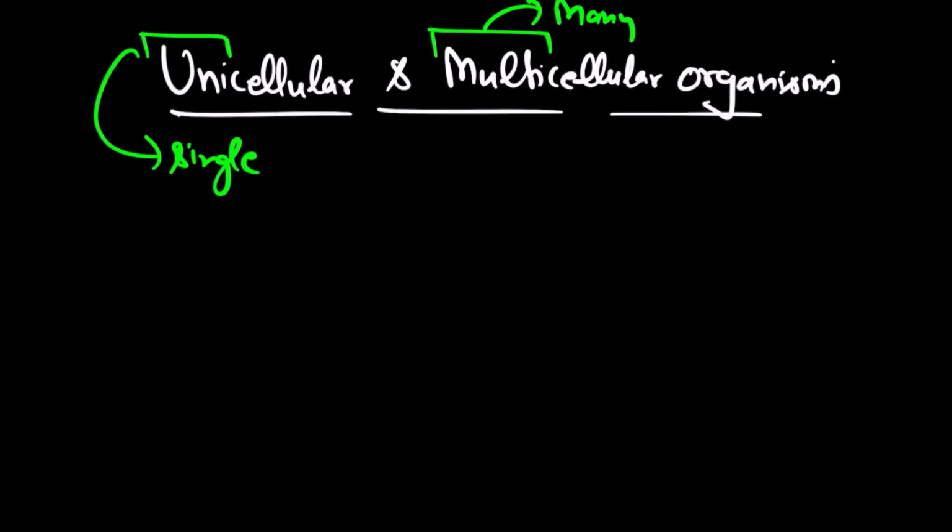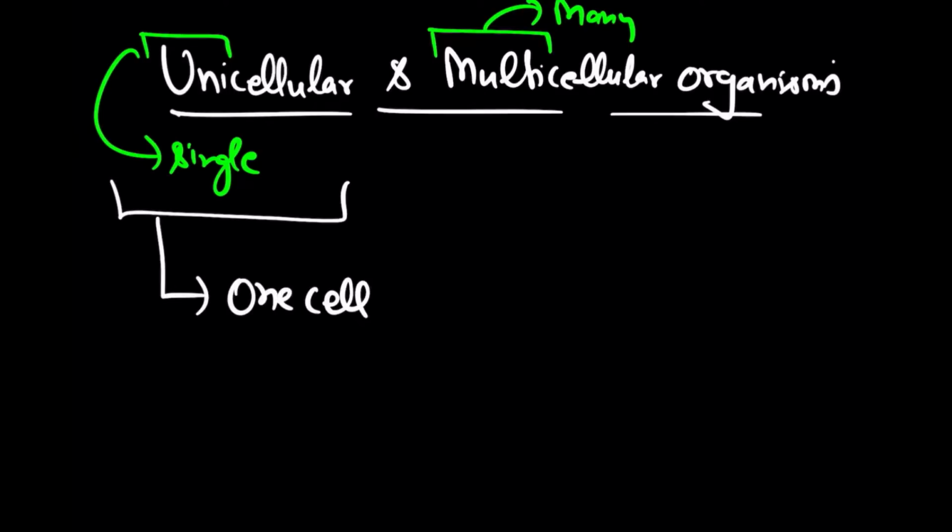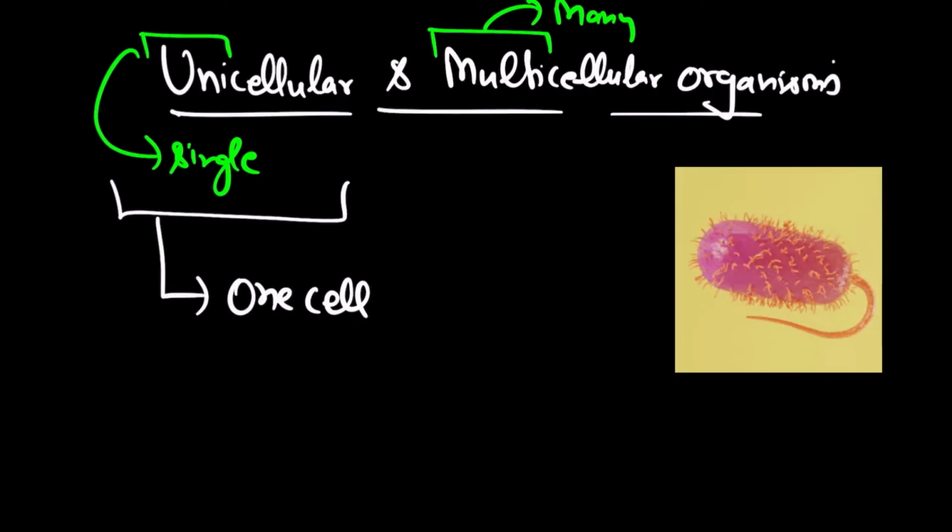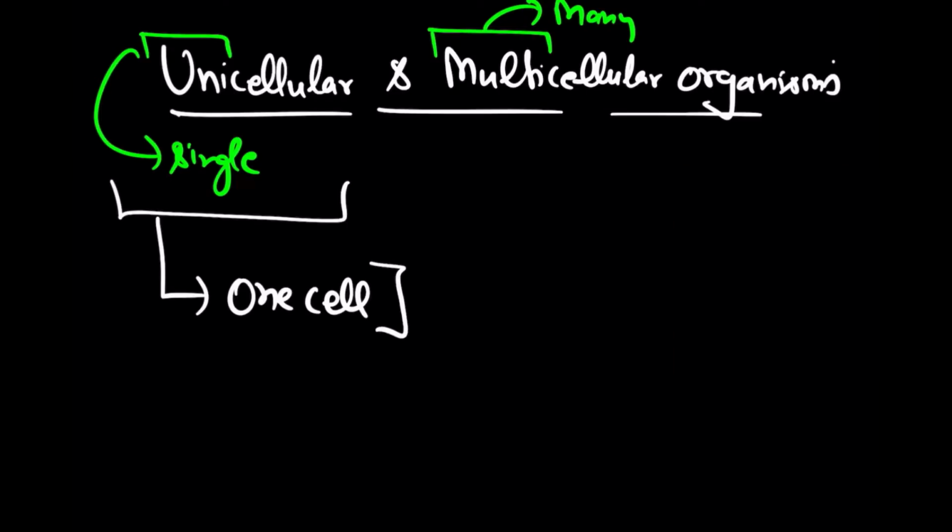In the case of unicellular organisms, what we are going to see is one cell. These organisms are made up of just one cell. All the life functions are carried out by one cell in the case of unicellular organisms.